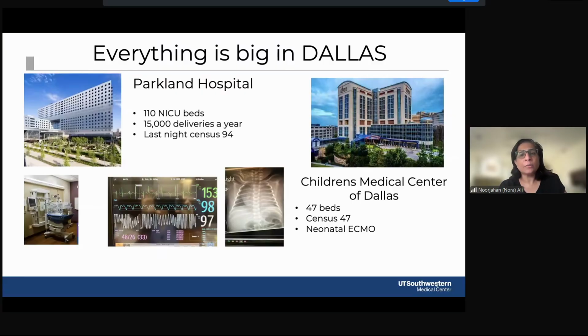Last night, the census ended up being more than 94, I think it was hitting 105, 106. We have 110 NICU beds. Children's Medical Center is where our major surgical NICU and our CVICU are. We do neonatal ECMO there, and that's mainly where I work. We're currently a 47 bed unit, hoping to expand soon.